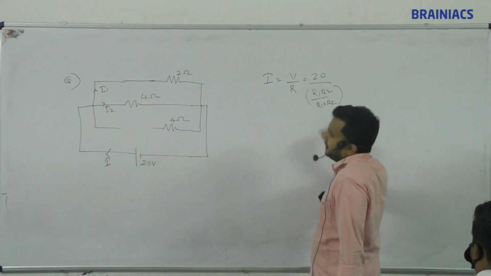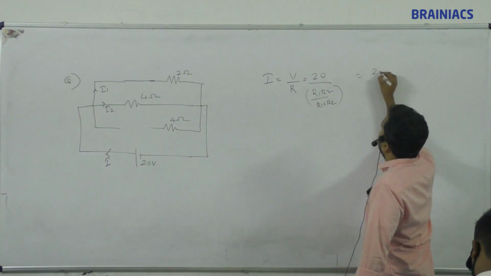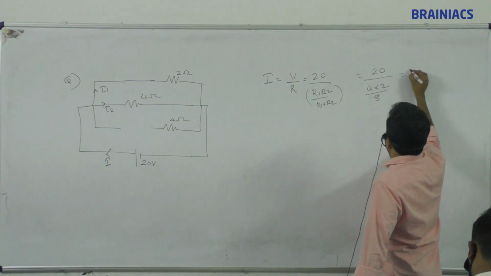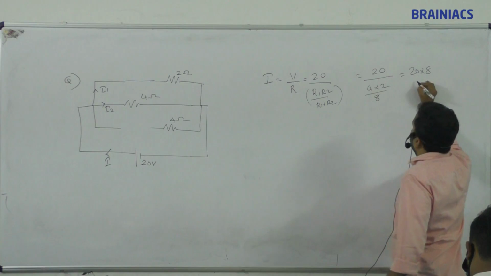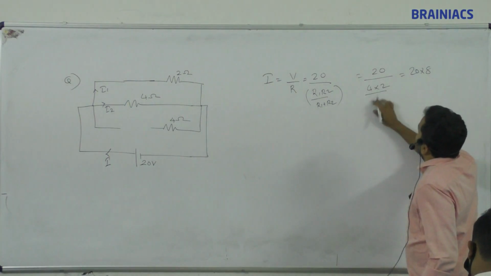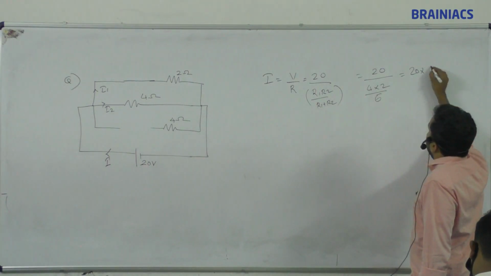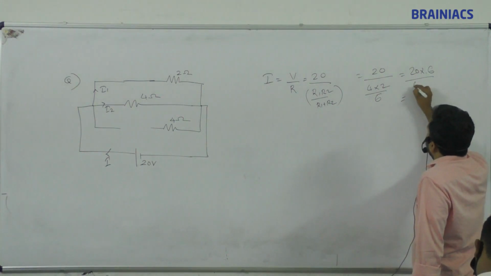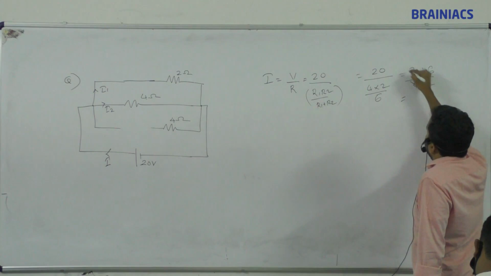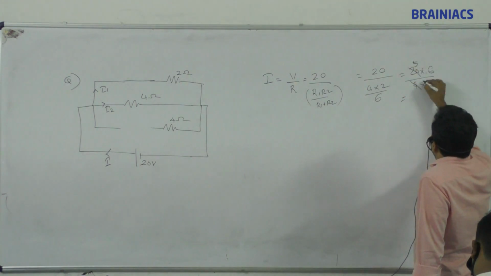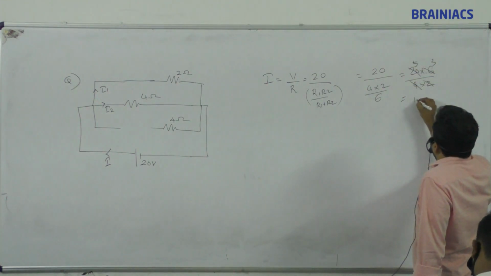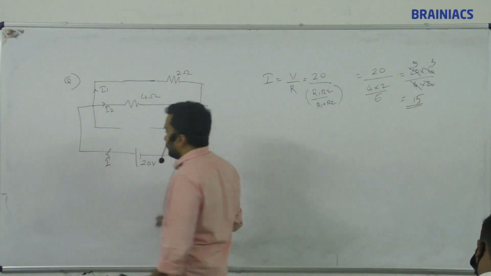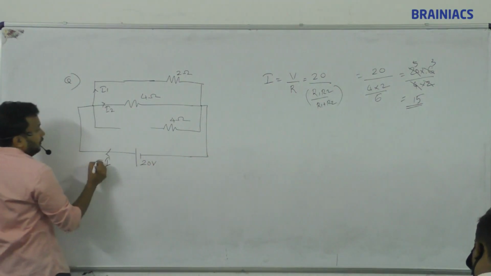That is the effective resistance. So here it will be 20 divided by (4 into 2 divided by 6). So 20 into 6 divided by 8, let me put it as 4 into 2, so this can easily cancel. It becomes 5, this can cancel 3. 5 into 3, 15. 15 is the total current. Correct? So 15 ampere current is flowing here.